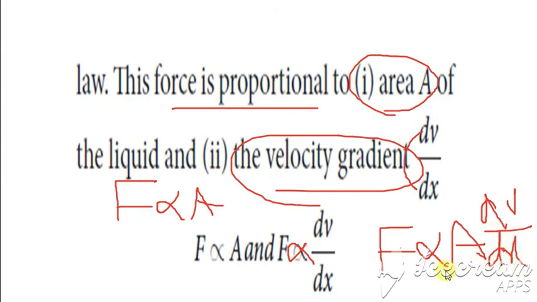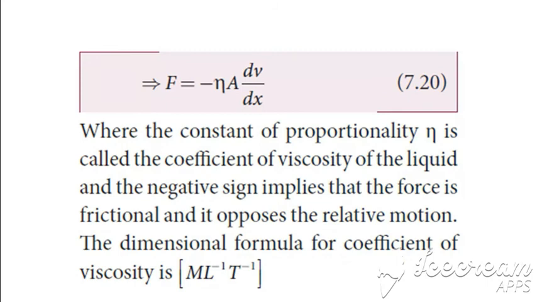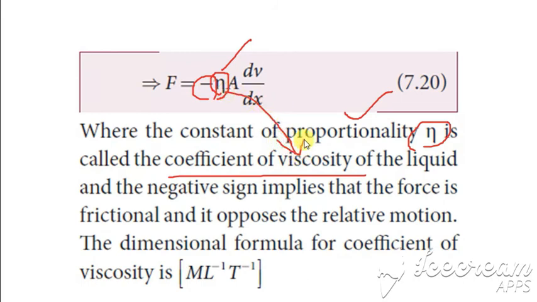To remove the proportionality and make it an equality, we always introduce a constant, and the constant introduced here is minus eta, where eta is the constant of proportionality, and that eta is the coefficient of viscosity.